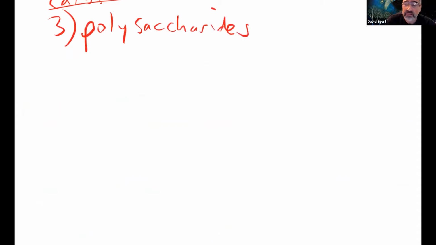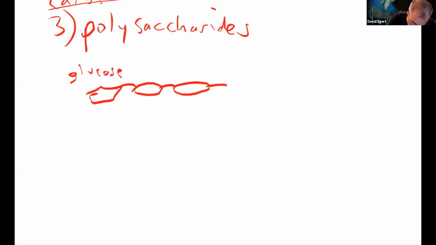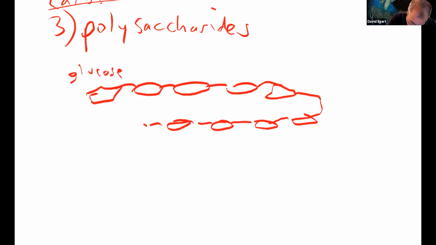And the polysaccharides we're going to care about are just big long chains of glucoses. There's a few different polysaccharides that we are going to see in our class.